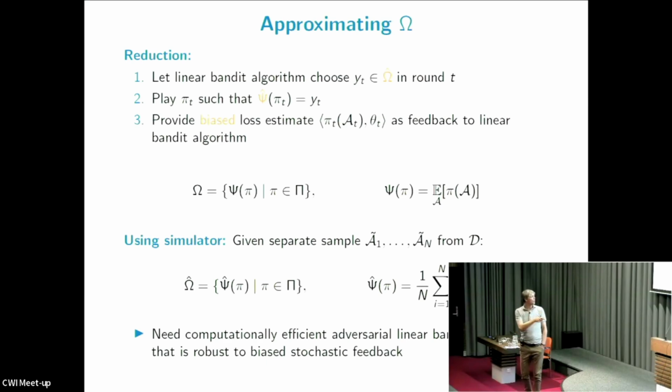On the other hand, you might expect that if n is large enough, maybe the bias will be small. And the good thing is, if we know n, we can estimate how big this bias would be. So we do have some control on the bias, but we need to deal with it. In particular, we're going to need a linear bandit algorithm that can deal with stochastic feedback that's also slightly biased.